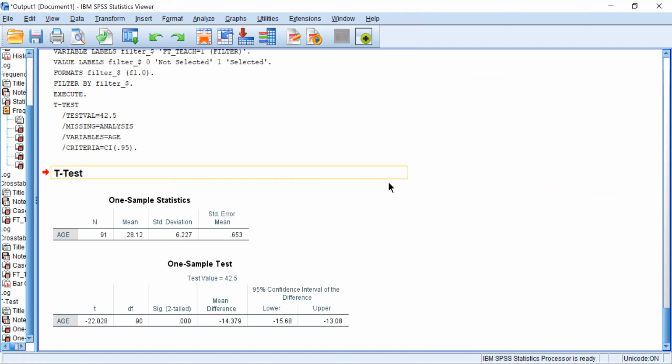We're comparing that with the test value from the National Center of Education Statistics of 42.5 for the average age of teachers in New York State. The t-value is -22. That's comparing our average age minus the population average age. So our average age is lower. So that's why you have a negative sign there, but we're not directional, so we don't care.